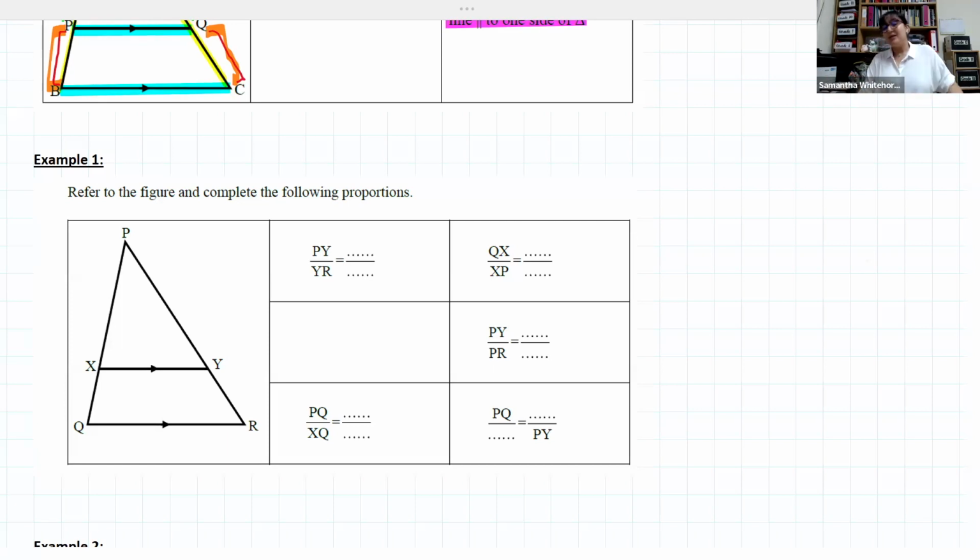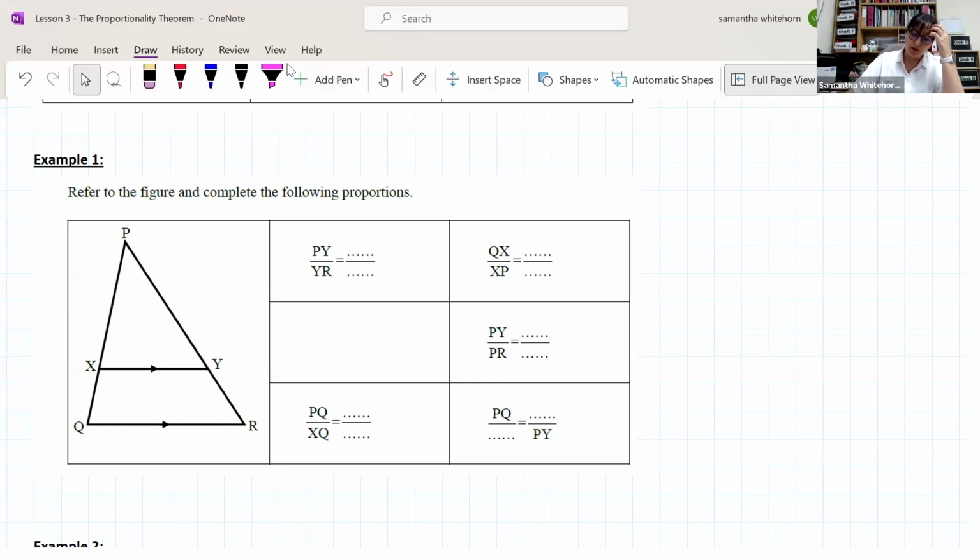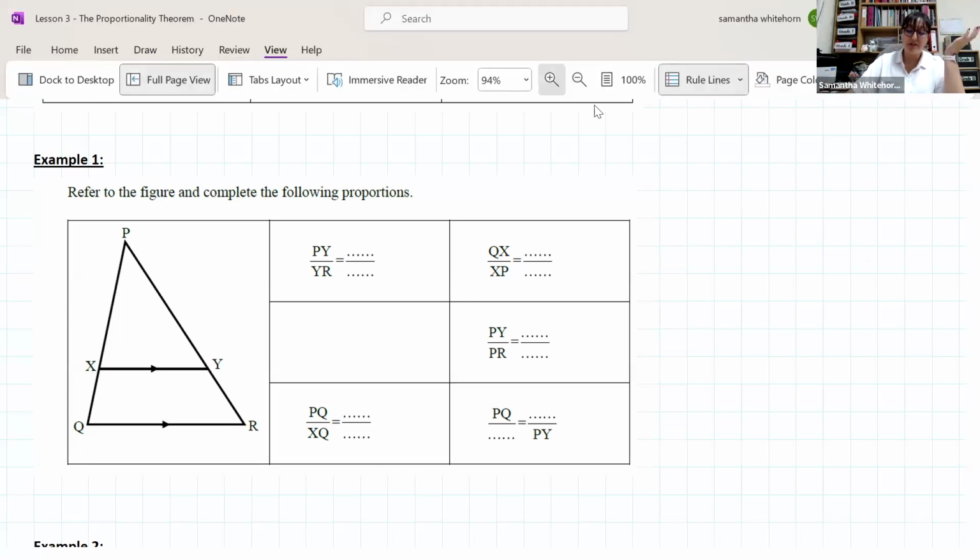All right, so example 1, this is basic. I expect you to think, what on earth is this woman doing? Why am I being asked to write down ratios? Well, it's because if you don't understand a ratio, you're not going to understand the prop theorem. Alrighty, let's have a look and see what we're working with here. So I've asked you to refer to the figure and just fill in some ratios.